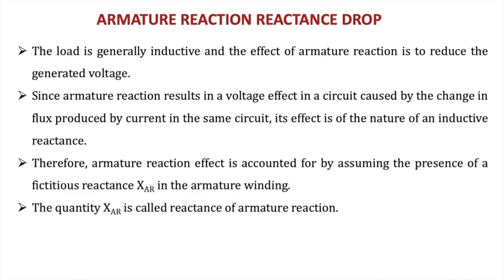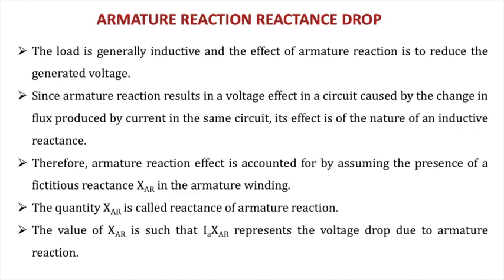The quantity XAR is called the reactance of armature reaction because it is not physically present, but due to the load it appears in the system. So the value of the armature reaction reactance is XAR, and the drop will be Ia into XAR.